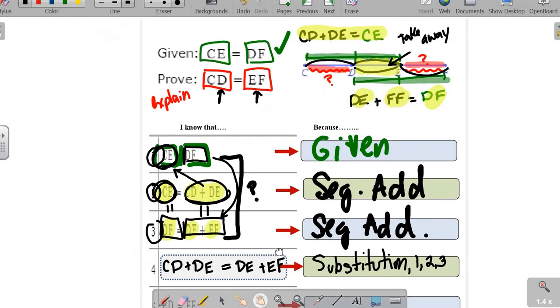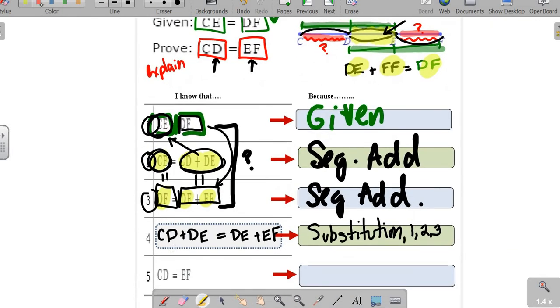Now, keep track of what you're trying to prove. We're trying to connect CD and EF as congruent. Look super carefully. Do you notice now you have the exact same thing on both sides? Remember up here I talked about taking something away?